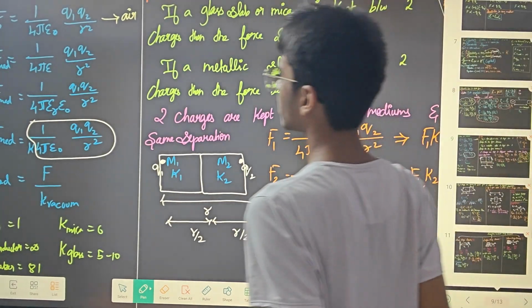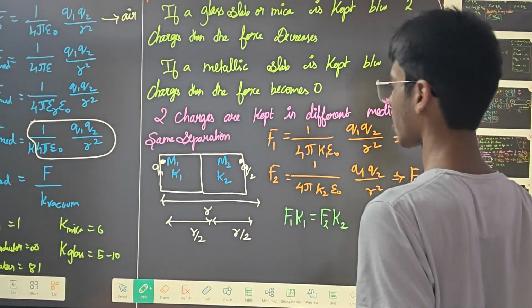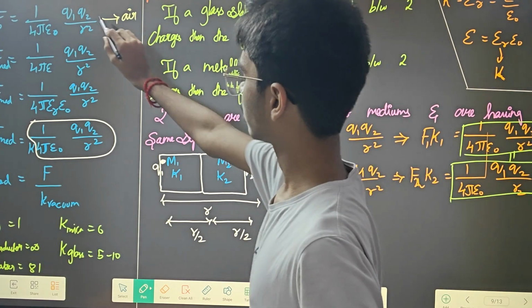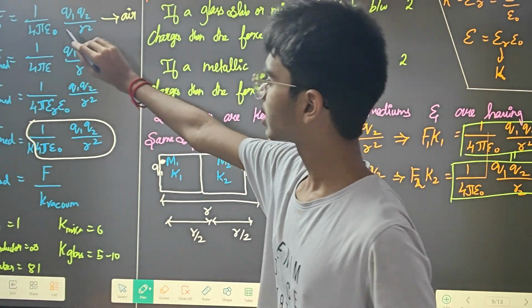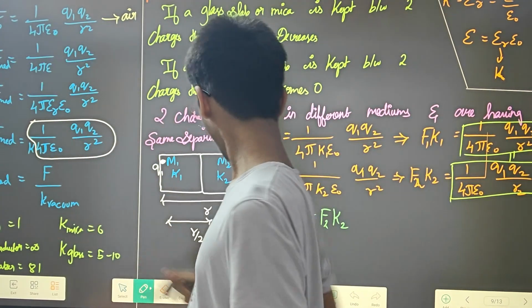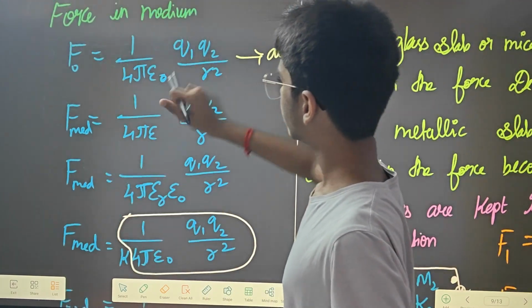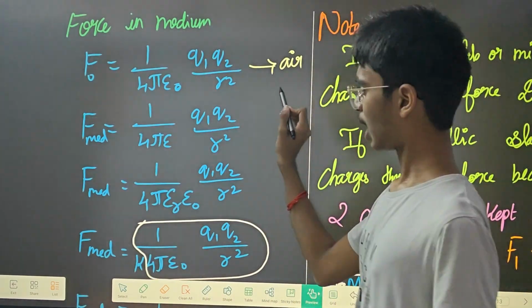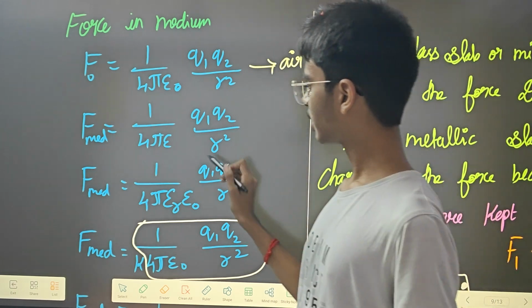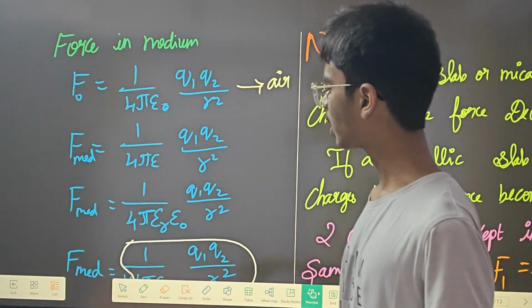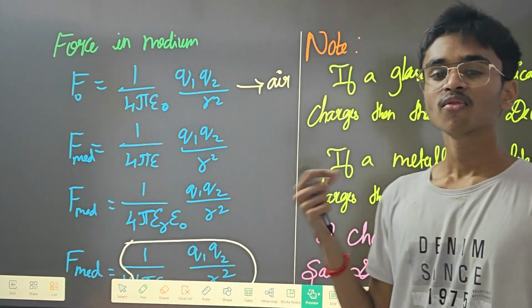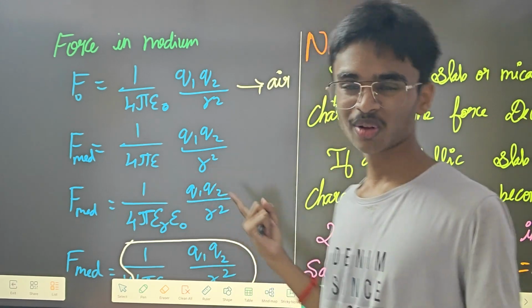Instead of epsilon naught, what I have done is, see, this is for air. When it is in medium, this naught has to be taken out. This naught alone has to be taken out. See here, when it is in air, you have to use this formula. But whenever it is in medium, then you have to remove this naught and put this one. So just the epsilon. I've just now said the formula, right?